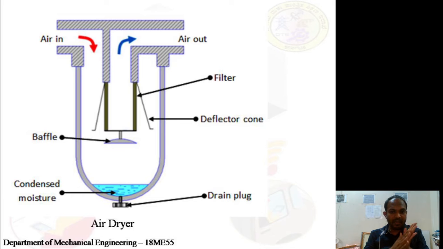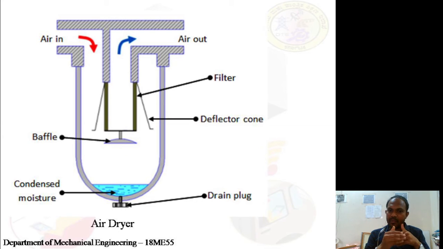The water content will be condensed onto these plates. Once it has condensed, the air loses its moisture and is free to move upwards, whereas the condensate, the condensed liquid, is collected downwards because of gravity. It falls down and is collected through the drain plug.